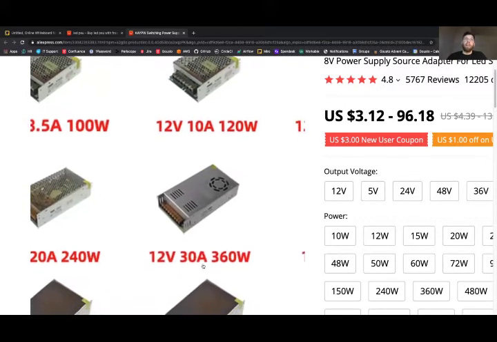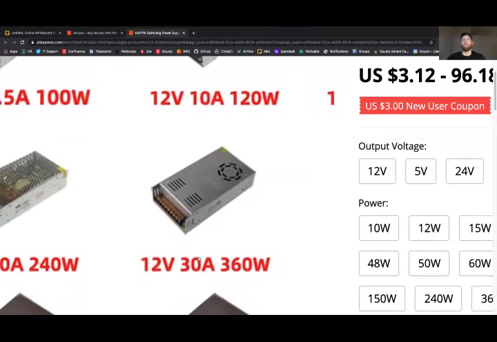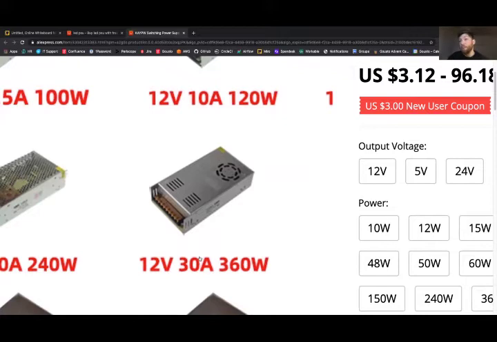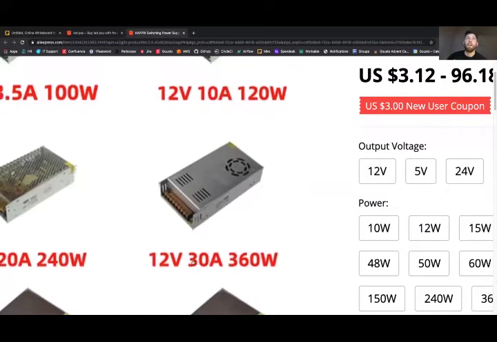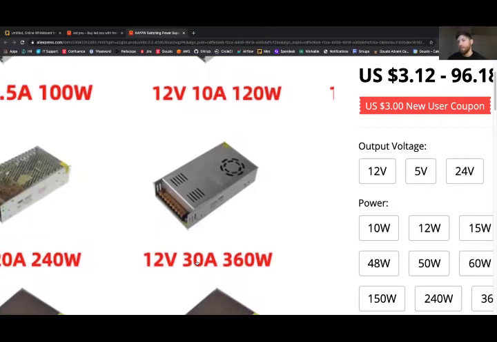It's got an amperage, 30 amps here. This is the maximum amperage, the maximum amount of current it can output. So when we're calculating how much power and which PSUs we need for our LEDs, we will need to calculate the maximum quantity of current they could ever consume or need, and then use enough power supplies to cover that maximum current.